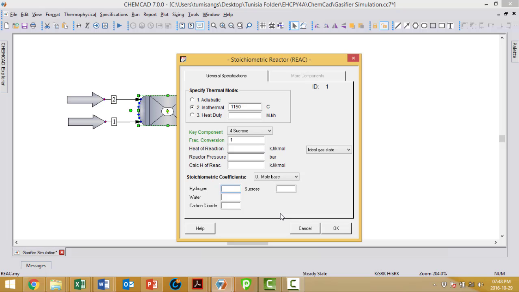The important thing to note in Chemcad stoichiometric reactor is that the coefficients of the reactants are specified as negative numbers, and the products are specified as positive numbers. As you can see from here, we already have a problem because we don't have carbon monoxide. We will have to come back and change that.